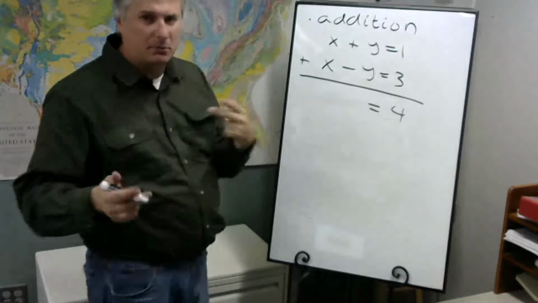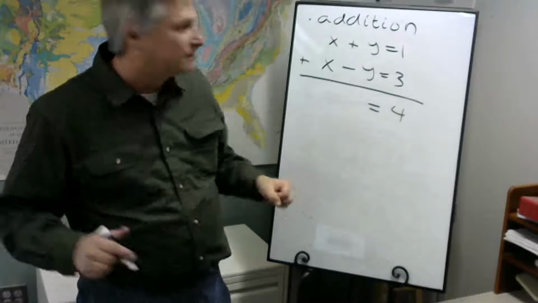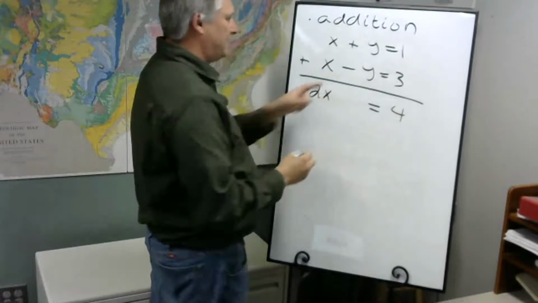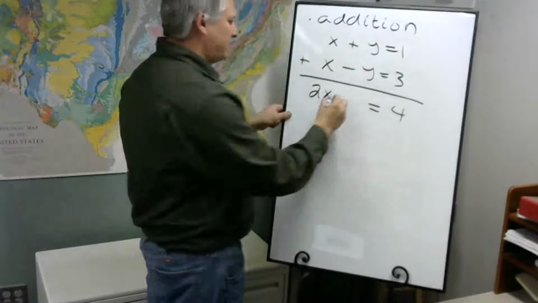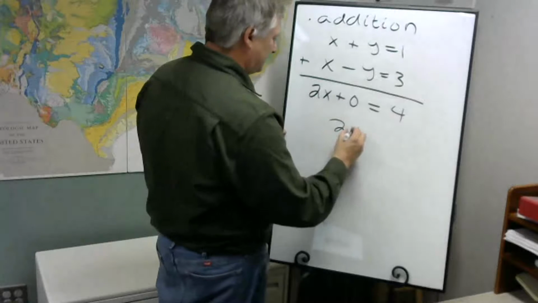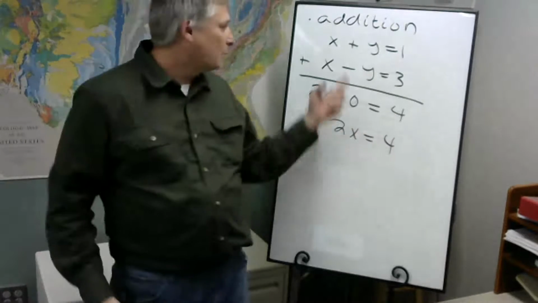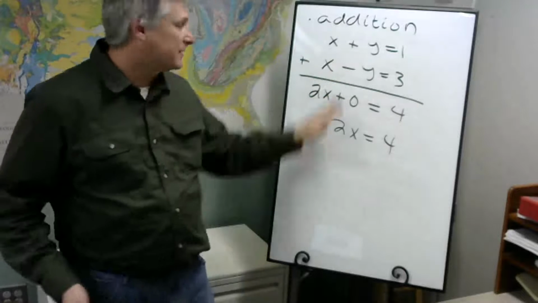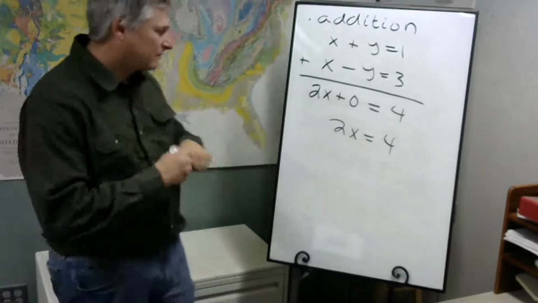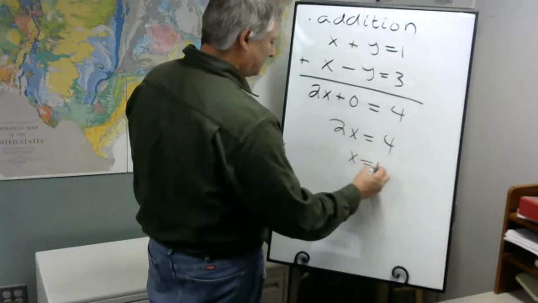We want to add the same variable, it's like combining like terms. x plus x is 2x. And then y plus negative y is going to be 0. So 2x equals 4. What happened is that the y's canceled out when we added these two equations. That leaves us 2x equals 4. Divide both sides by 2, and we get x equals 2.